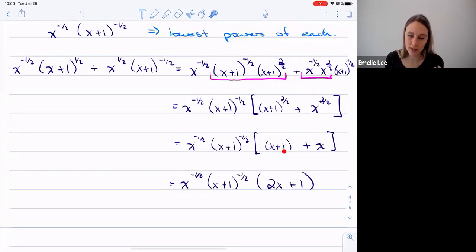You're going to have x plus 1 and then plus x. So inside these brackets, you want to make sure that you're not multiplying, because you're actually just adding, which is weird because we've been multiplying all along. But here, this just becomes 2x plus 1. Right? Make sure that cleared things up a little bit, at least.